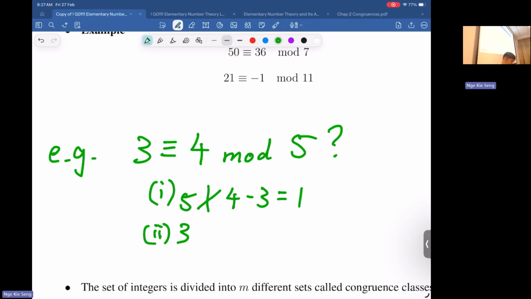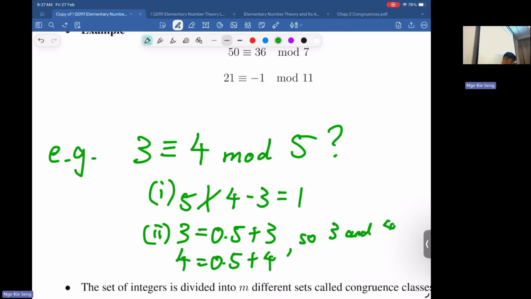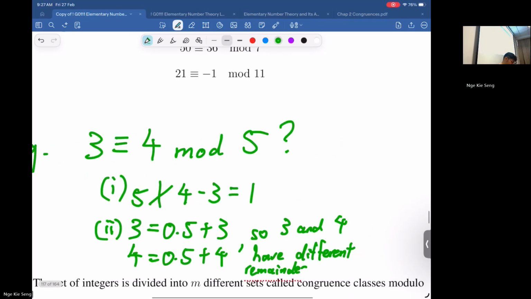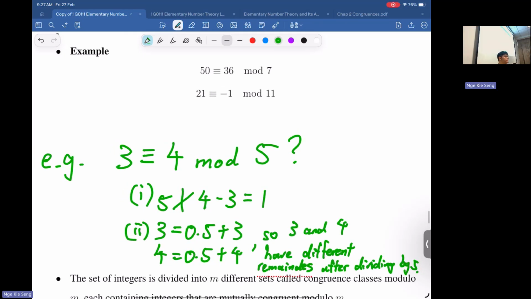Second way is to write 3 equals 0 times 5 plus 3, and 4 equals 0 times 5 plus 4. So 3 and 4 have different remainders after dividing by 5. Make sense?